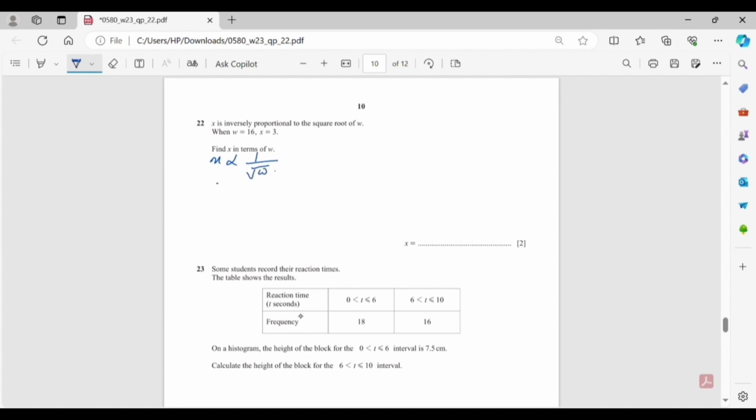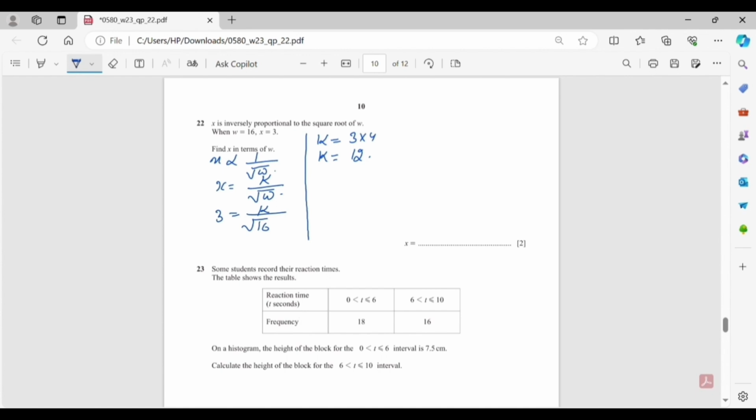So x will be equal to k by root w. So let's substitute these values. 3 equal to k over root 16. Now k will be equal to 3 into 4. K will be equal to 12.